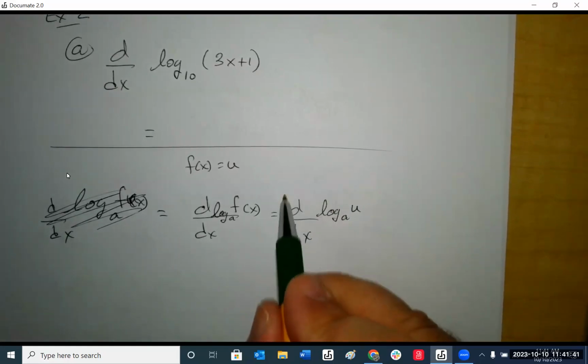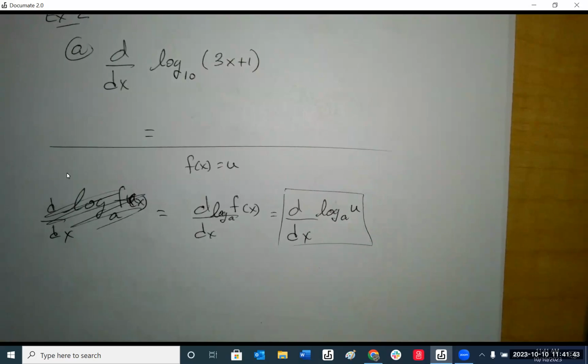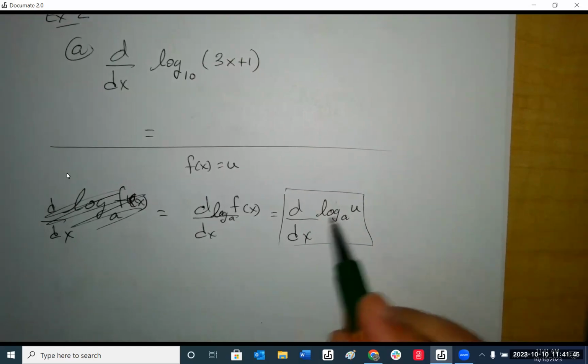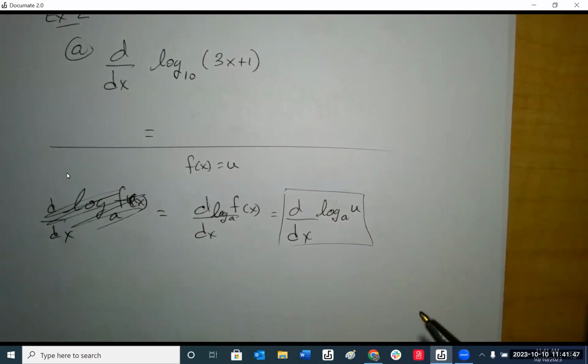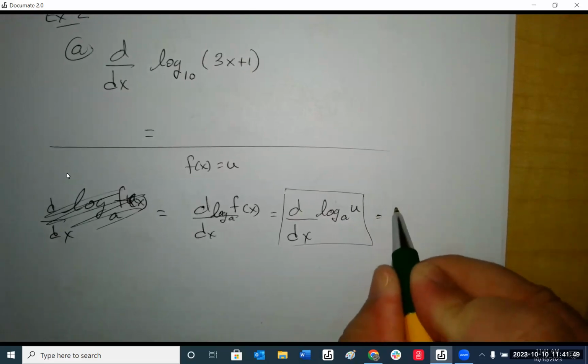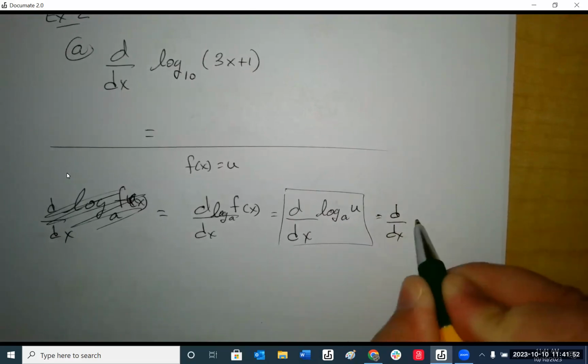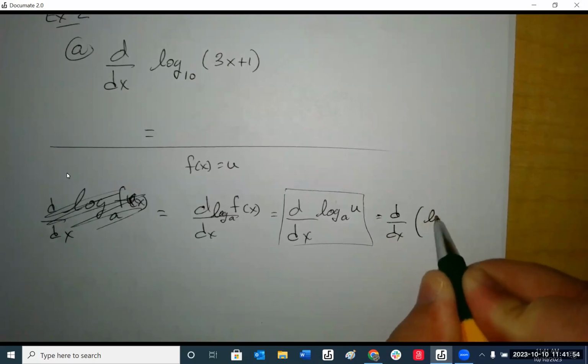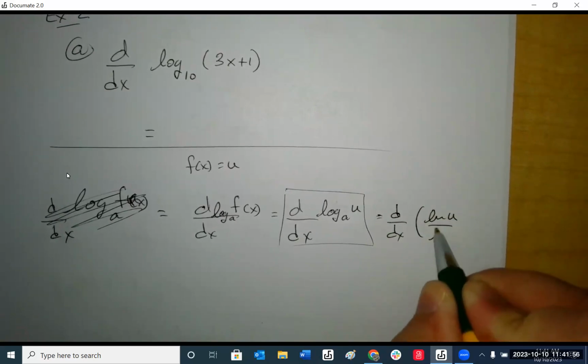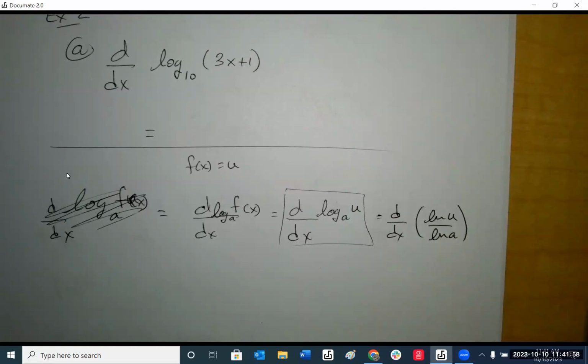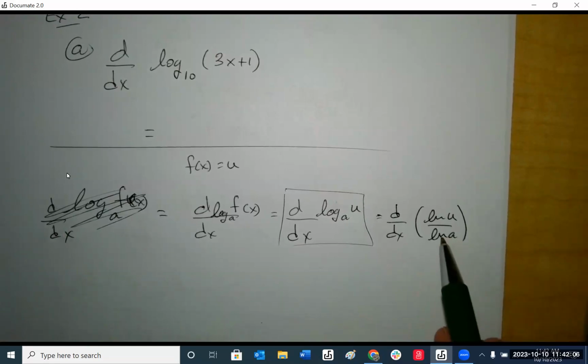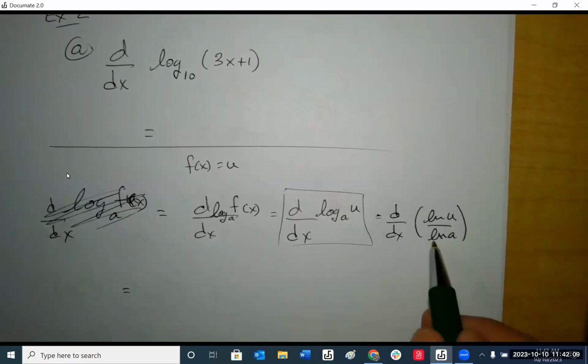So the first thing we have to do is rewrite this as the fraction. So this becomes ln u over ln a. The ln a is a constant, so it can go out in front.